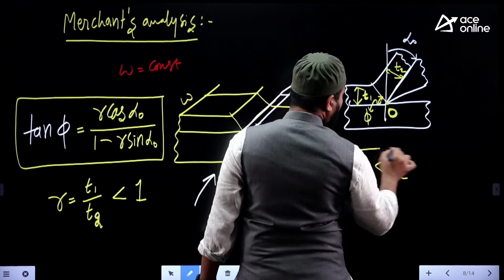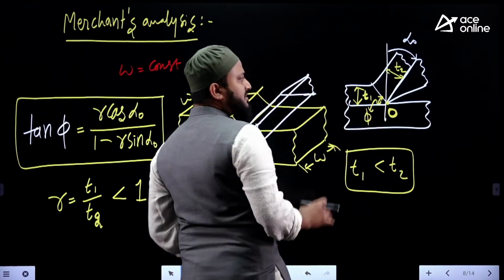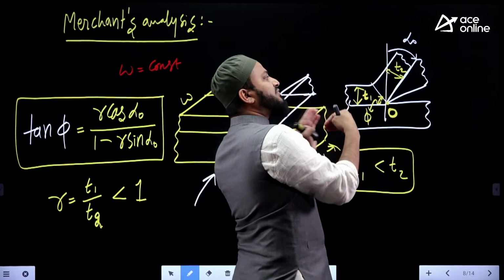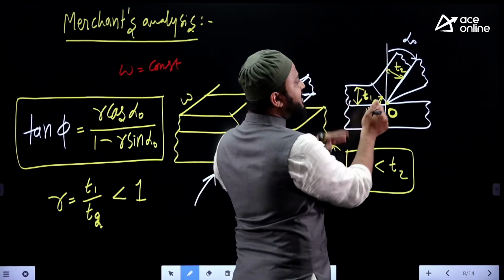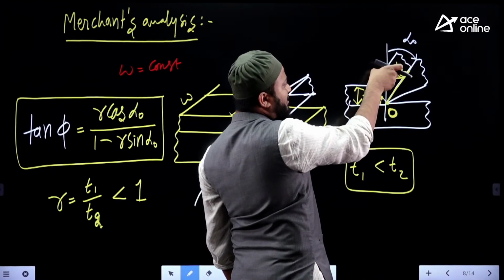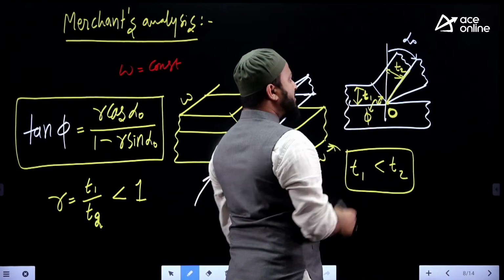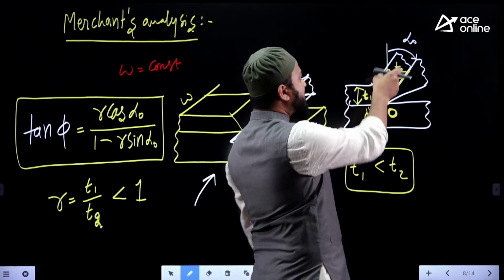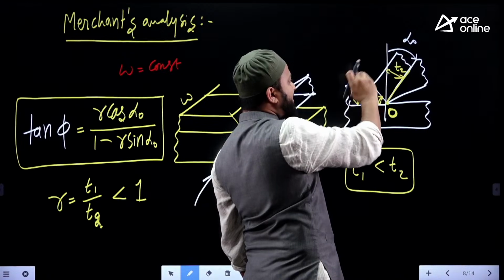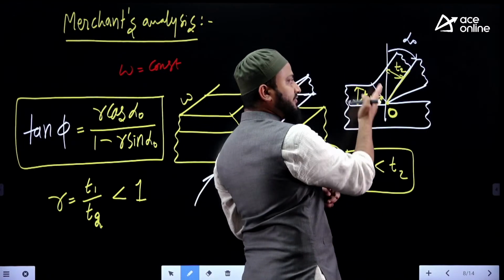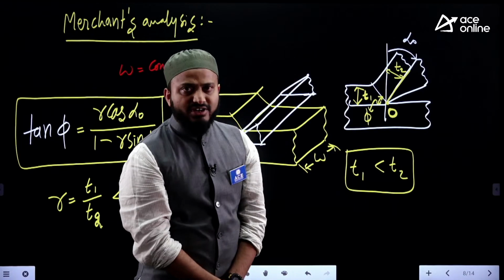There are many reasons, a big explanation, but one common-sense reason is that when the tool is engaged, the width is constant, so the chip flowing over the rake face will find difficulty due to frictional force. That frictional force restricts the length direction, and the only permission we get is for the thickness of the chip to expand. So the thickness of the chip will expand compared to the uncut chip thickness. At the same time, the length of the chip will be restricted because of the friction force between the chip and the rake face of the tool.